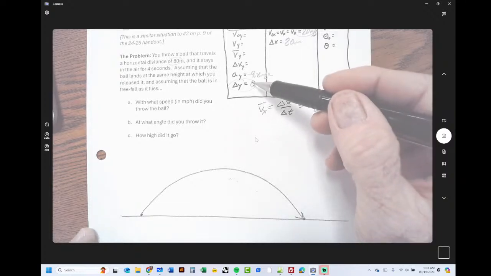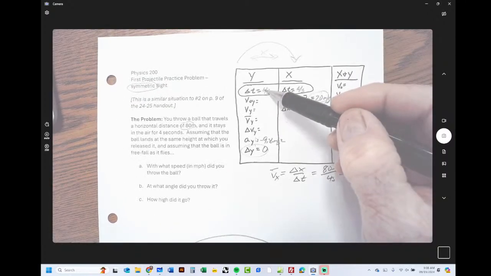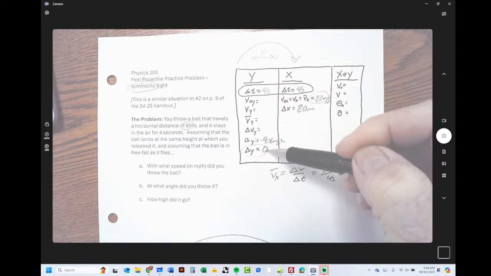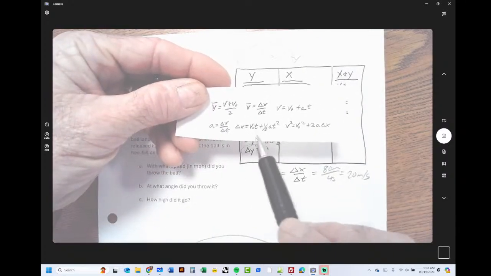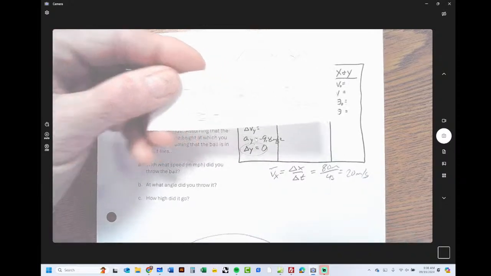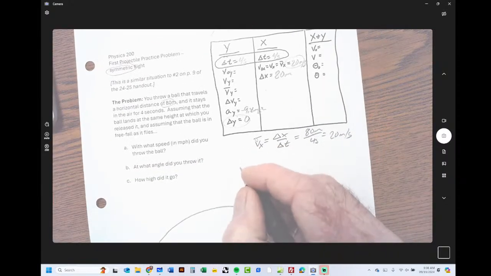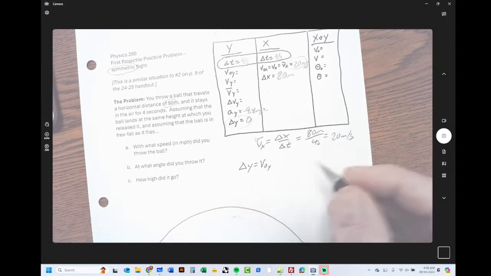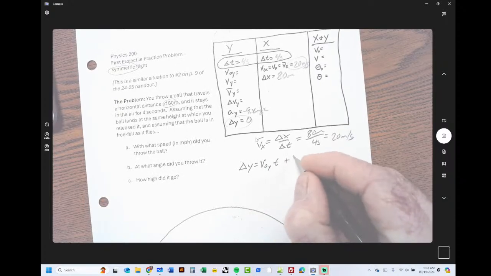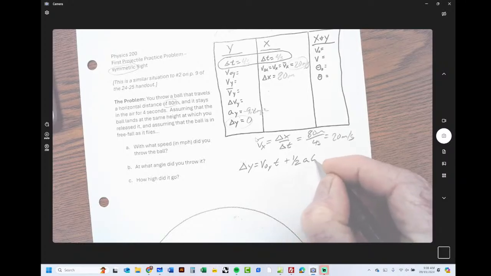And there's a formula that has t and a and delta y and one other thing in it. Does anybody know what it is? I'll show it to you. It's this one, the displacement formula. So let's use that and see what we can get. I'm going to write delta y equals v0y times t plus 1/2 a t squared.